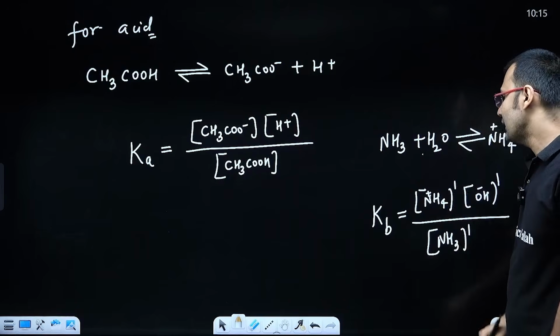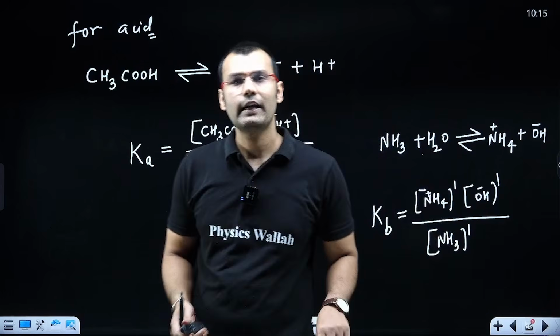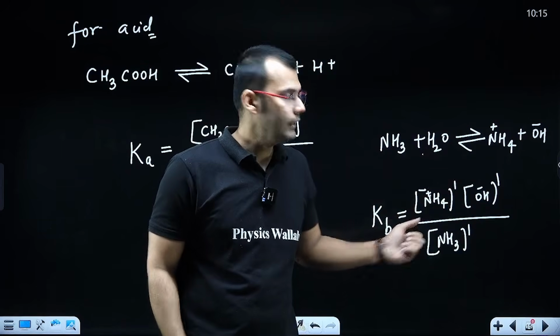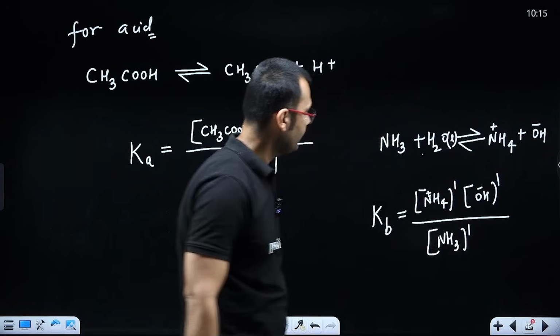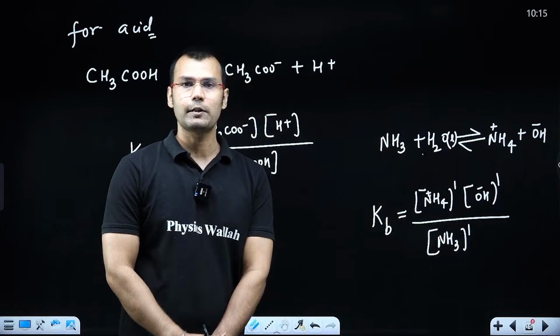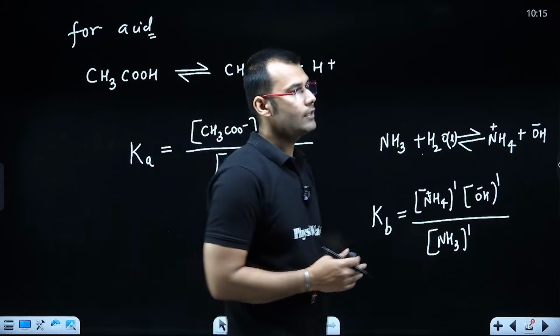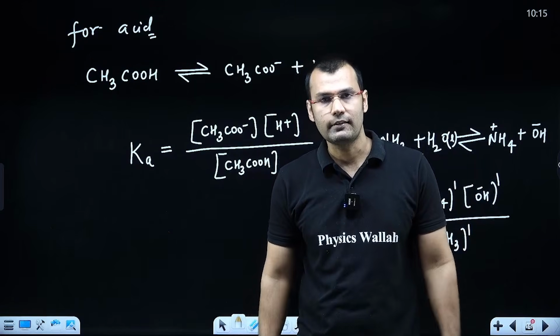Water you can skip, because you know from your chemical equilibrium chapter that when we have a pure solid or pure liquid, we put its concentration as unity. Because H2O is a pure liquid here, it becomes unity in the expression of Kb. So Ka is the dissociation constant of an acid and Kb is the dissociation constant of a base, right?